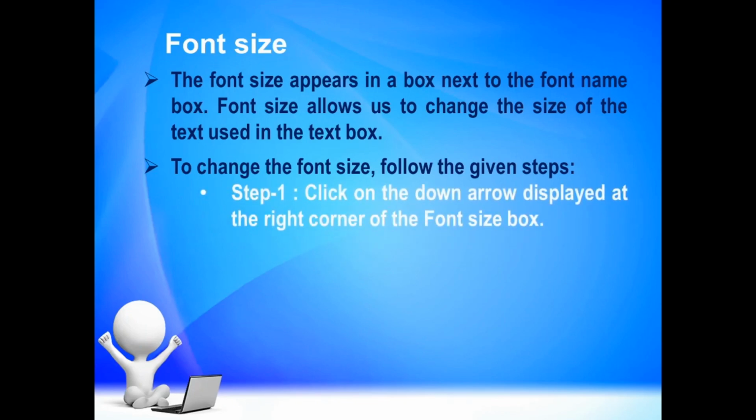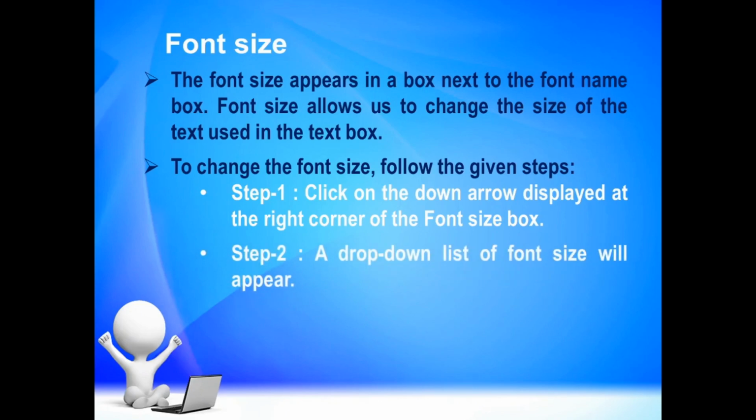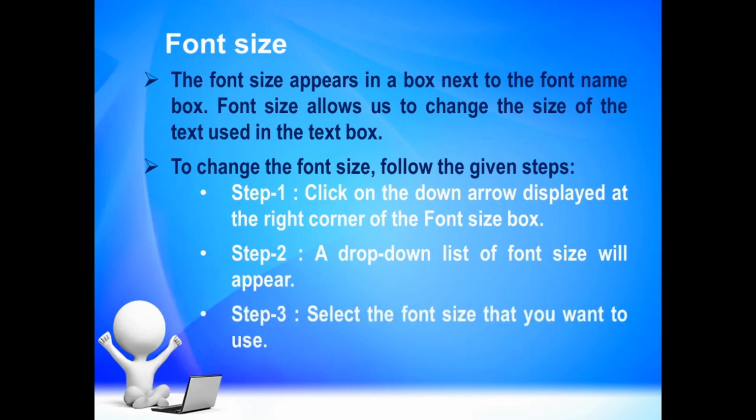Click on the down arrow displayed at the right corner of the font size box. A drop-down list of font sizes will appear. In step 3, select the font size that you want to use. Now you can see the size of the text will be changed.